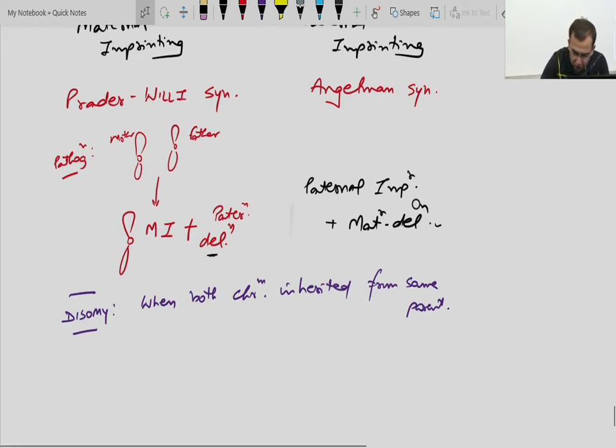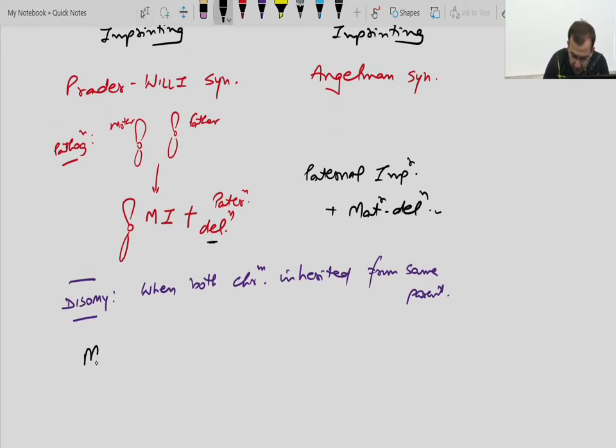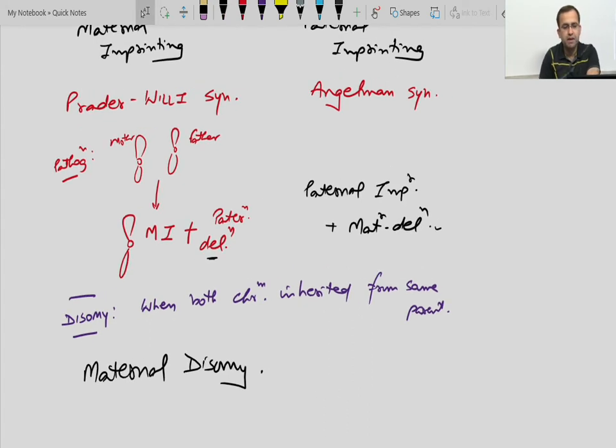Both the chromosomes in Prader-Willi are coming from the mother. That is maternal disomy. Both the chromosomes are coming from the mother, but they are not expressing themselves. Versus Angelman syndrome, which is paternal disomy.